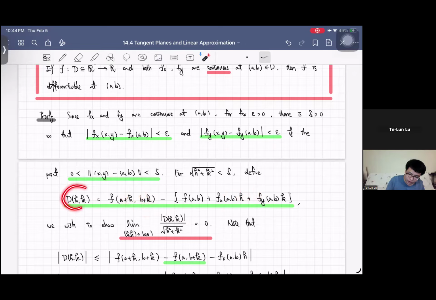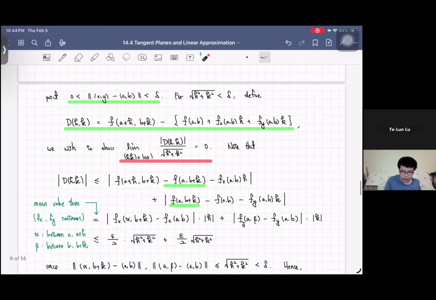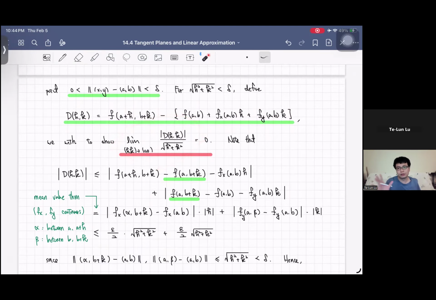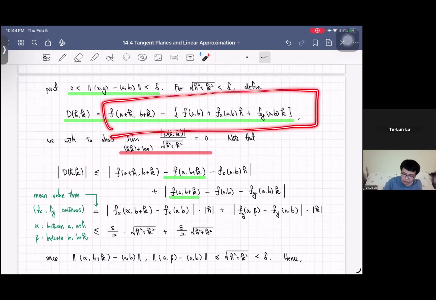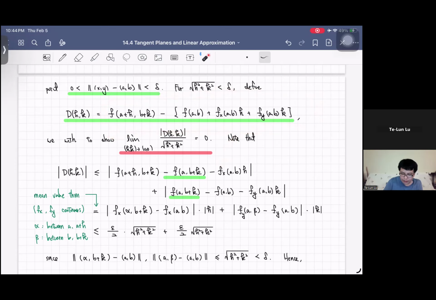So I define D(h, k) to be f of (x, y), which is (a plus h, b plus k), minus the linear approximation. So the goal now is to show that the limit as h goes to 0, or as (x, y) goes to (a, b), of this is 0. That is the definition for differentiability, right? So now let us see D(h, k), which is defined as this guy, can actually be written down like this. Let me go through this step by step. This term comes from here, and this term comes from here.